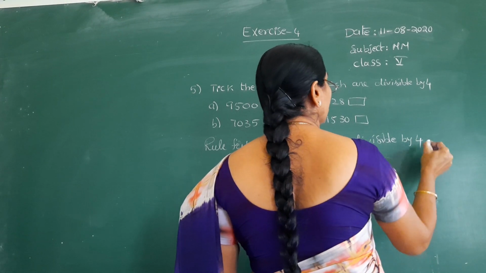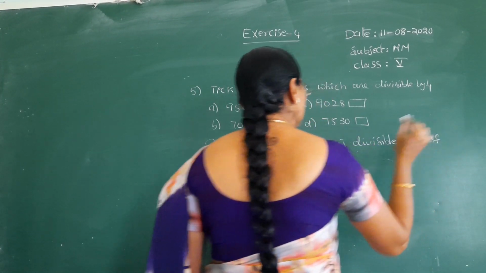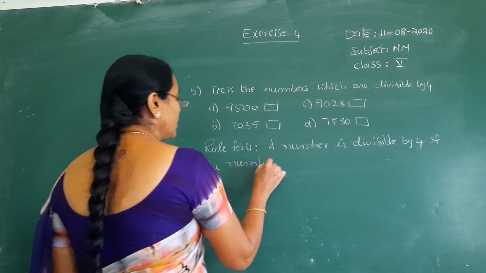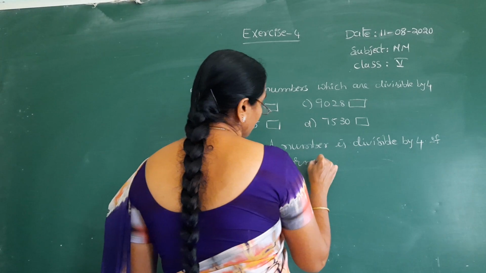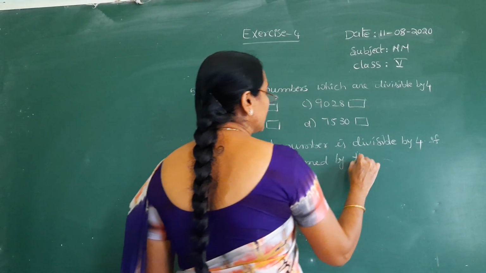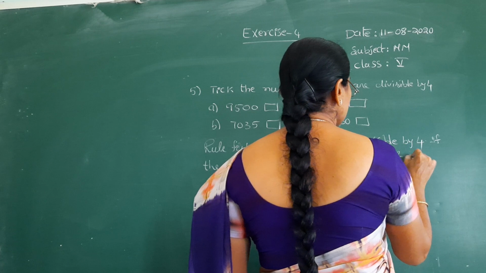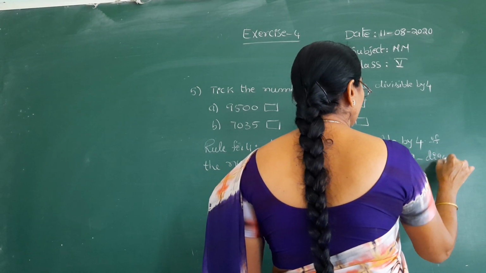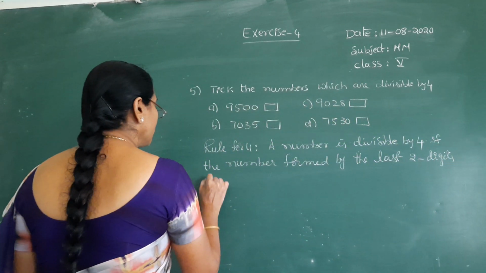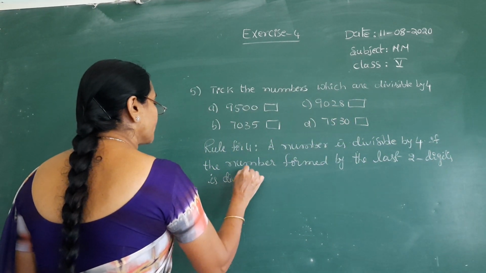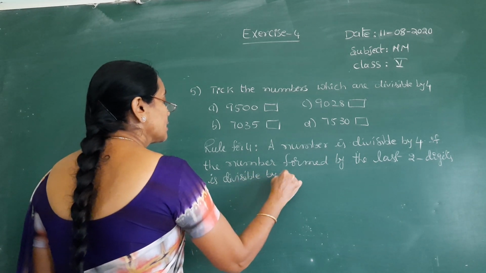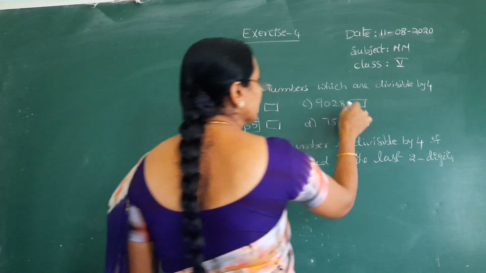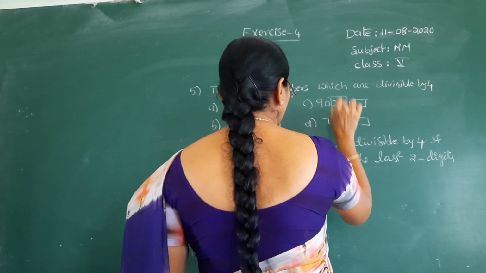A number is divisible by 4 if the number formed by the last 2 digits is divisible by 4. See here, you have to circle the last 2 digits and observe whether these 2 digits are in the 4 table or not.